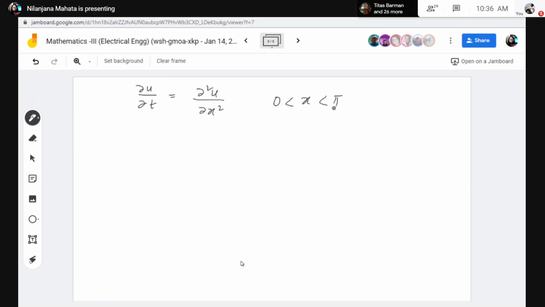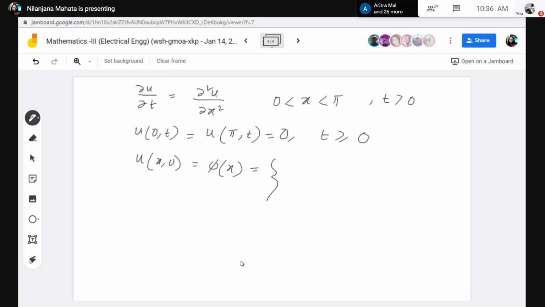So your L is pi, t greater than 0, u(0,t) = u(pi,t) = 0 for t greater than or equal to 0, and u(x,0) = phi(x) is equal to x when 0 less than x less than or equal to pi by 2, and pi minus x otherwise. And do you remember the Fourier series form?